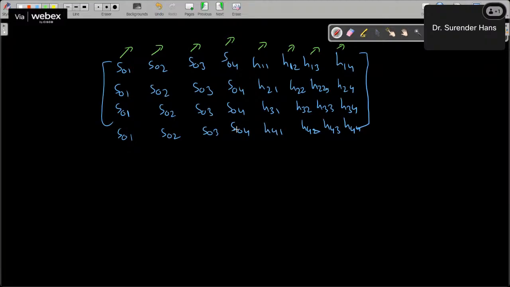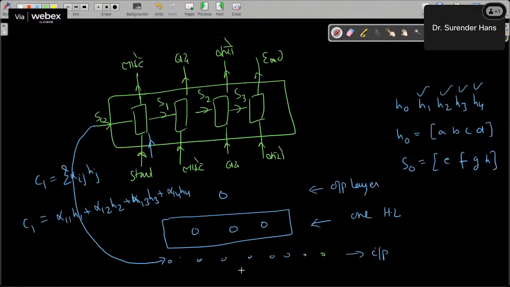Now pick up each row of this matrix one by one and put it into this layer here, this side: 1, 2, 3, 4, 5, 6, 7, 8. So this is the feed forward neural net. Second time, the second row of the matrix. Third time, the third row.